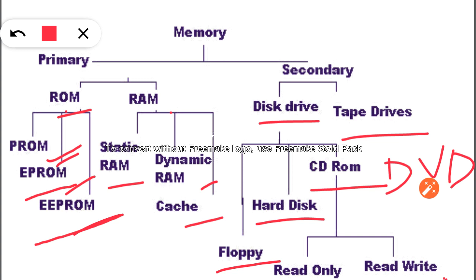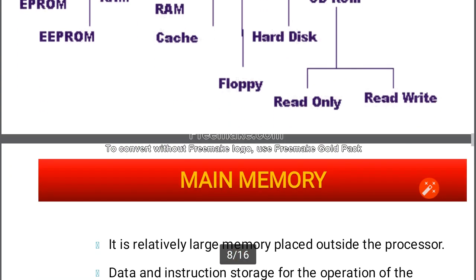You would have seen those CDs or DVDs. Some DVDs can be rewritable, like once you have burnt it, it can be burnt again. But some CDs or DVDs cannot be rewritten. Once it is burnt, it cannot be burnt again. So like that.